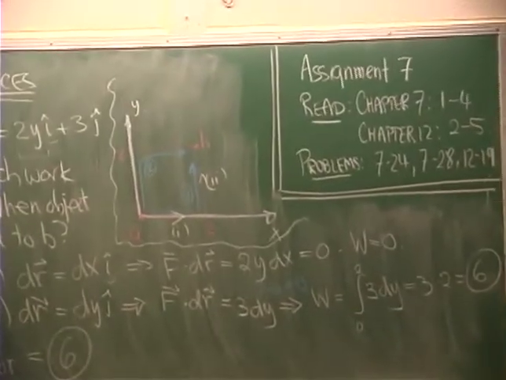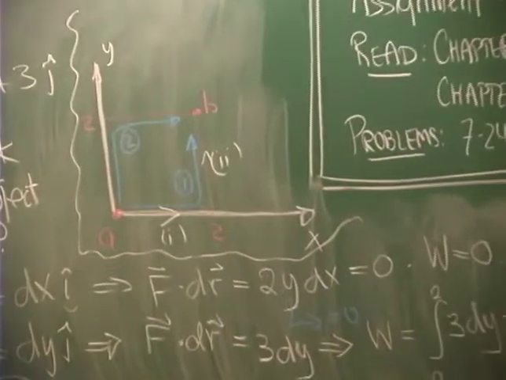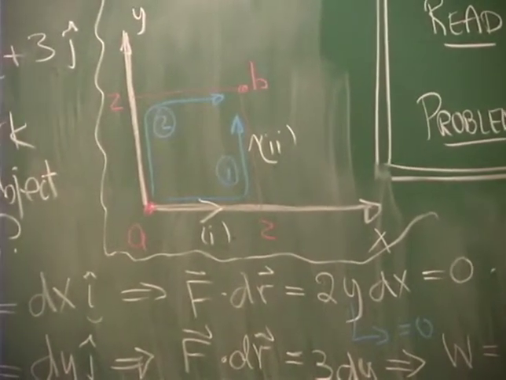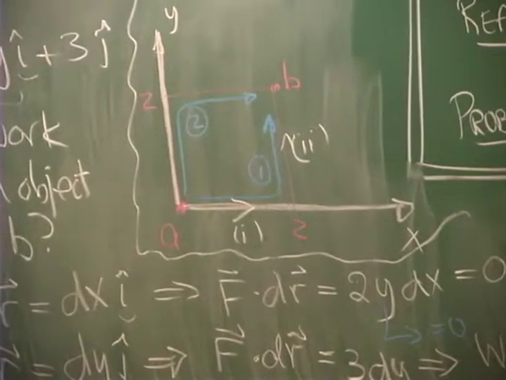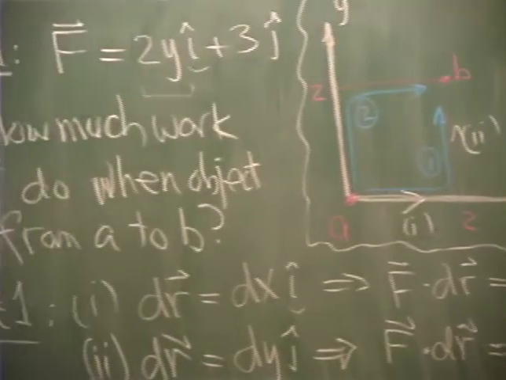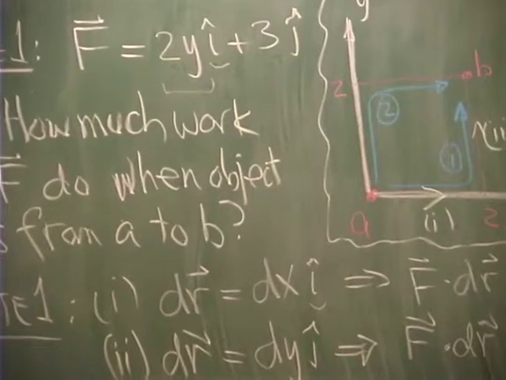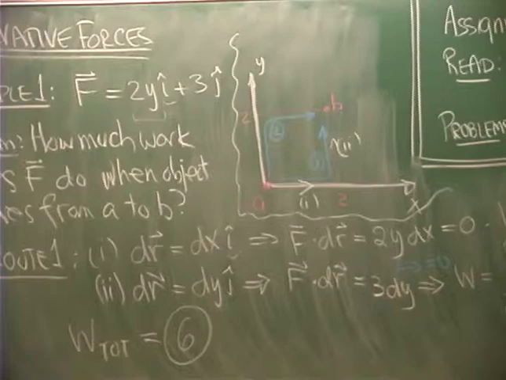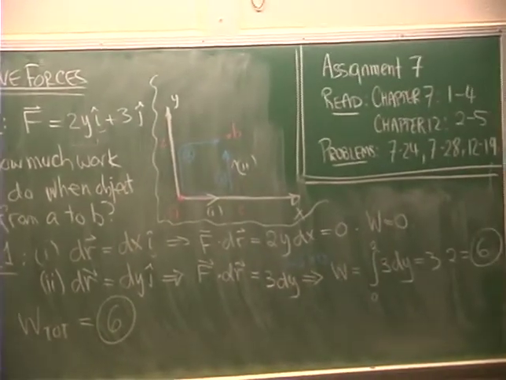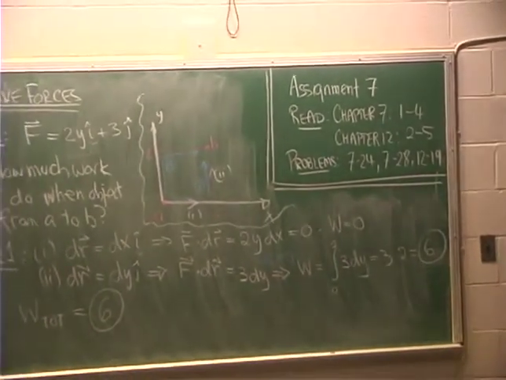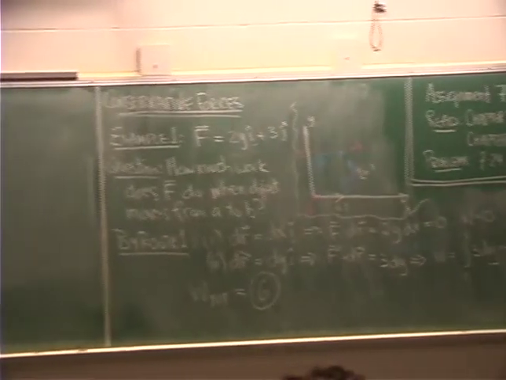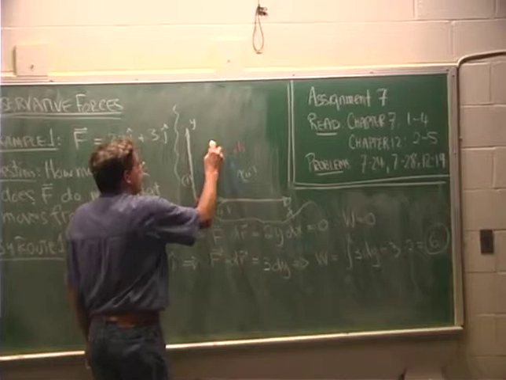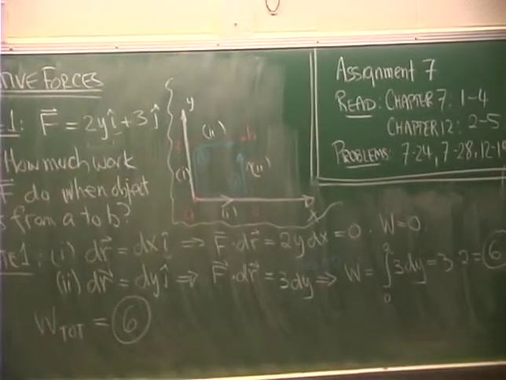I'm going to calculate the work done by that force if I move the object from the same point A to the same point B, but this time I'm going to go by that other route. If I go by route 2, again, it consists of 2 parts. Here's going up there, and that's then going across.